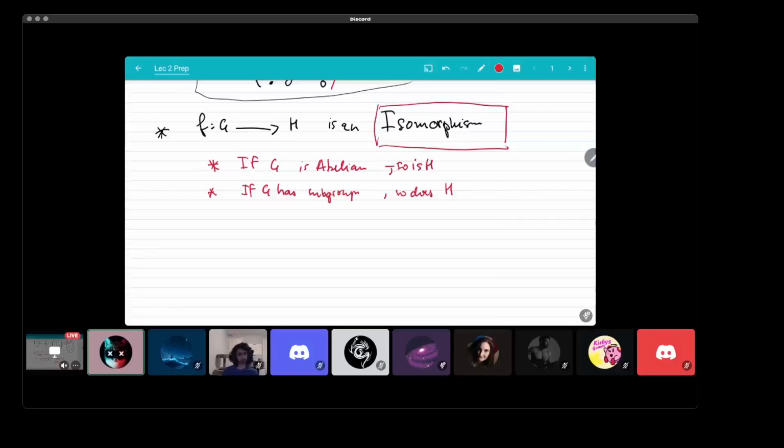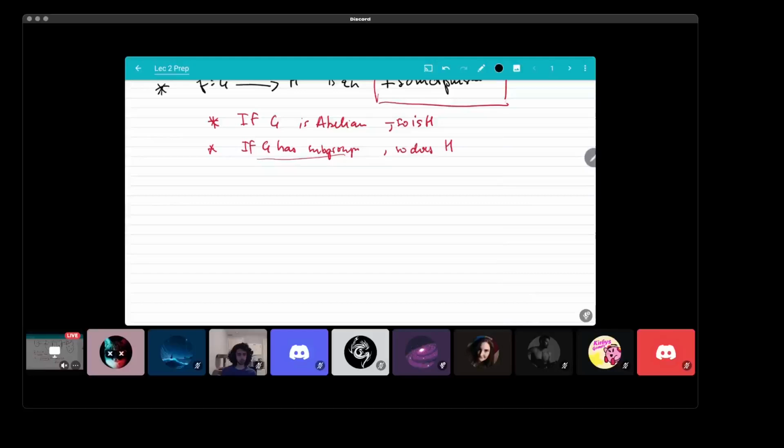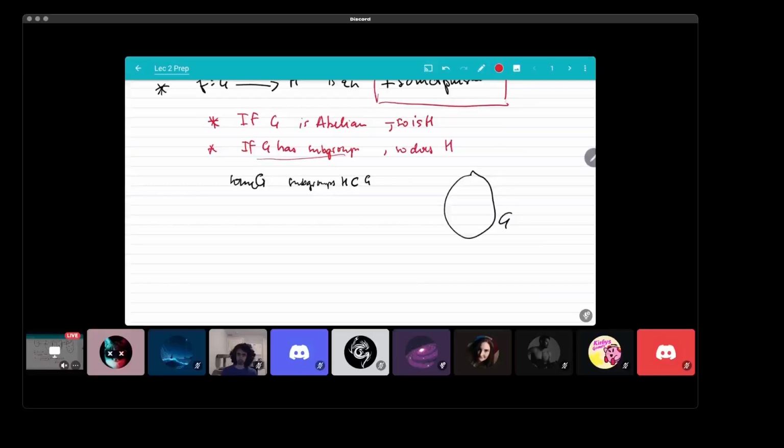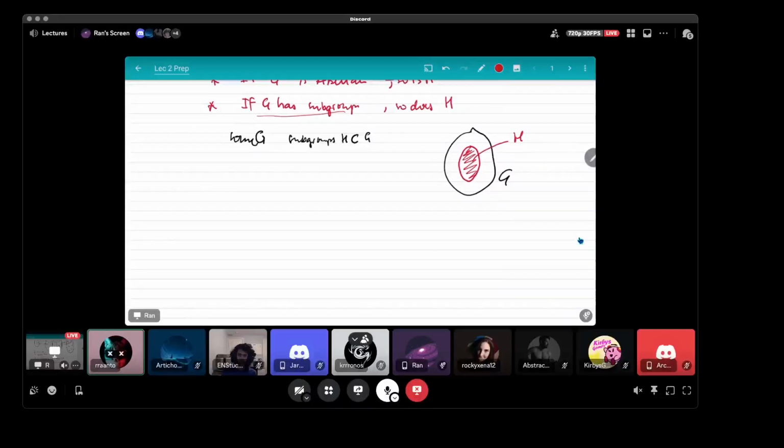And then there are other properties that I don't think we're gonna look at yet. The second property can sound a bit obvious, but some groups may not have subgroups H that are strictly inside G. So if this is G, with certain properties it's possible to find a strictly contained H, but that's not too important.